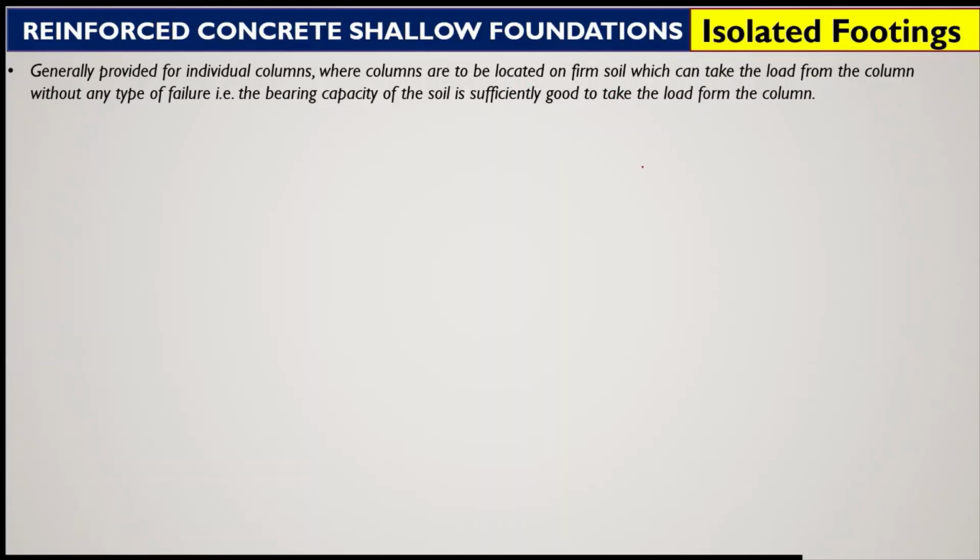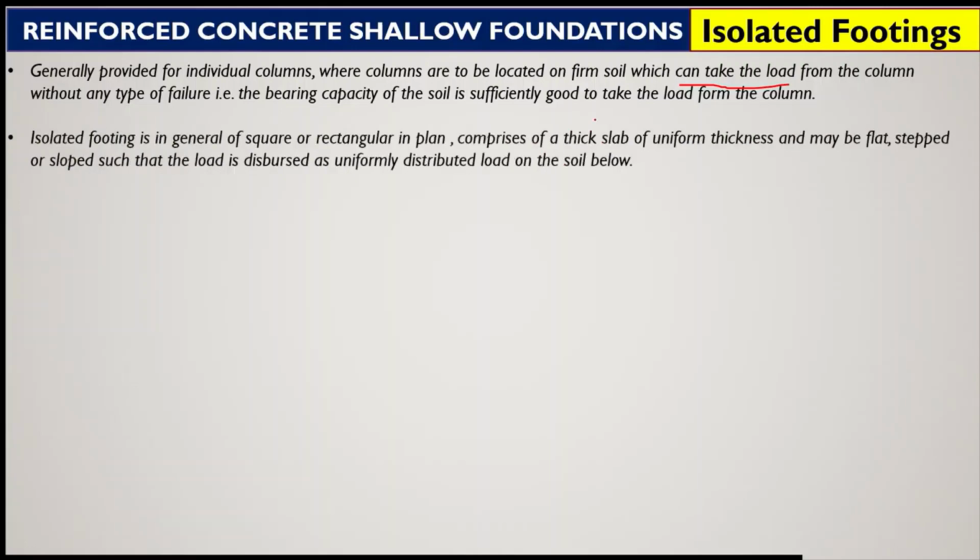That means the load which is transferred by the column is located on a soil which is very firm and having good bearing capacity, such that the soil can take care of the load from the column without any type of failure. In other words, we can say when the bearing capacity of the soil is sufficiently good to take the load coming from the column. Now, isolated footing is in general of square or rectangular plan.